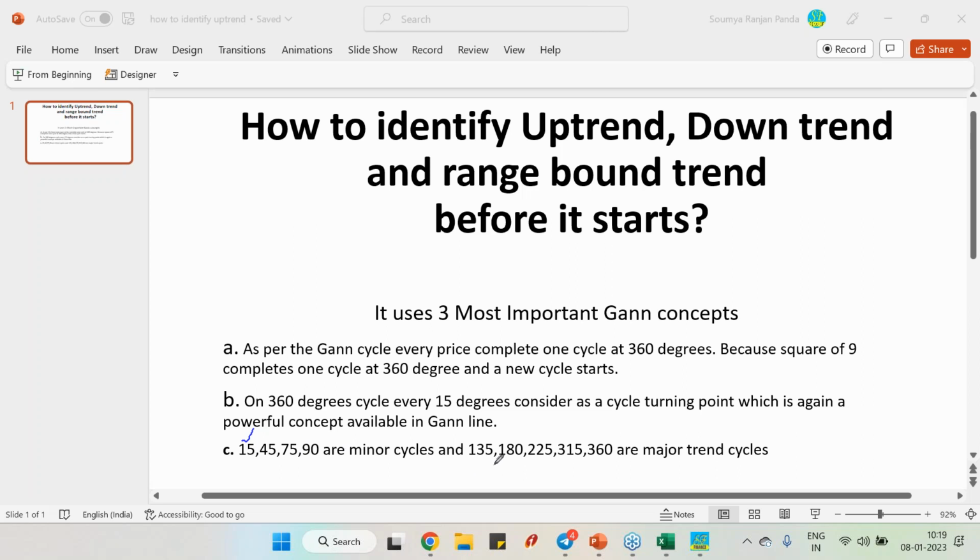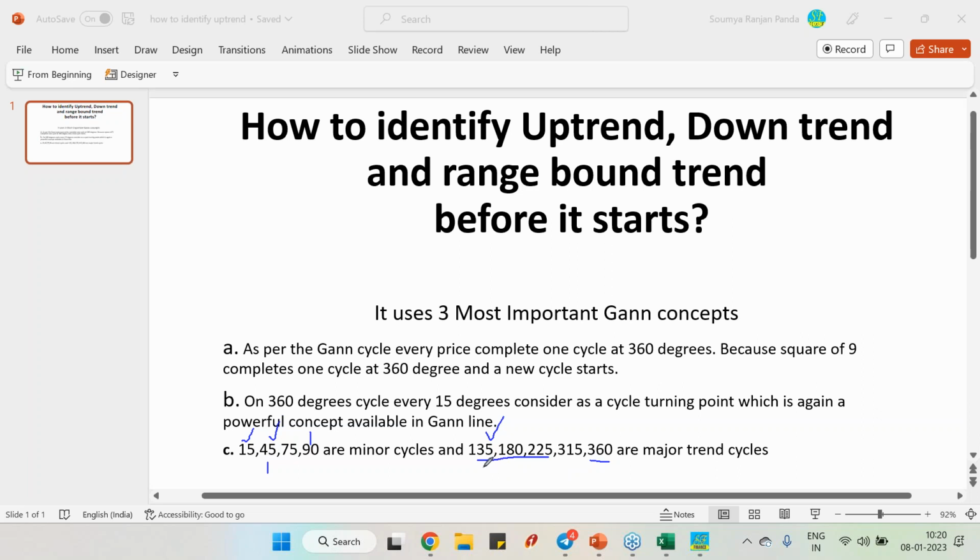Then coming to the major cycle, which is the 45 multiples. 45 into 1 is 45, which is already present in the minor cycle. 45 into 2 is 90, also already present in the minor cycle. 45 into 3 is 135, so here comes the first value of the major cycle. 45 into 4 is 180, 45 into 5, and it goes on till 360.